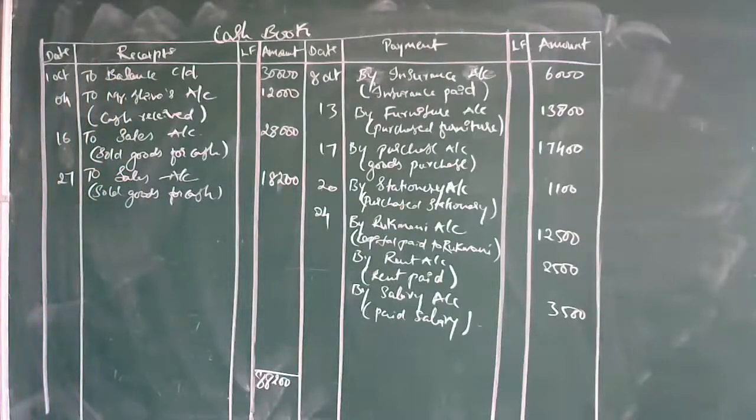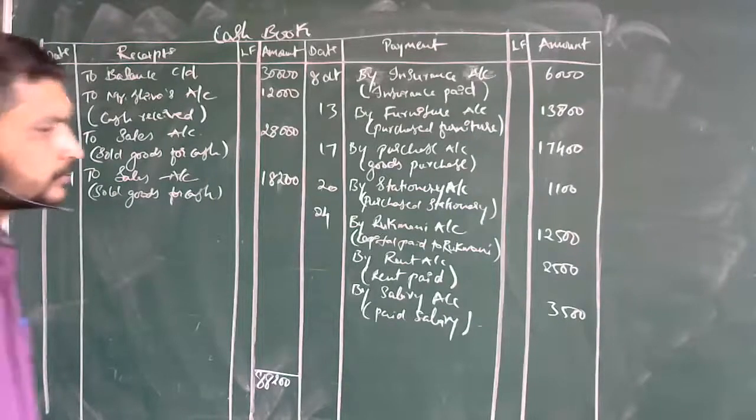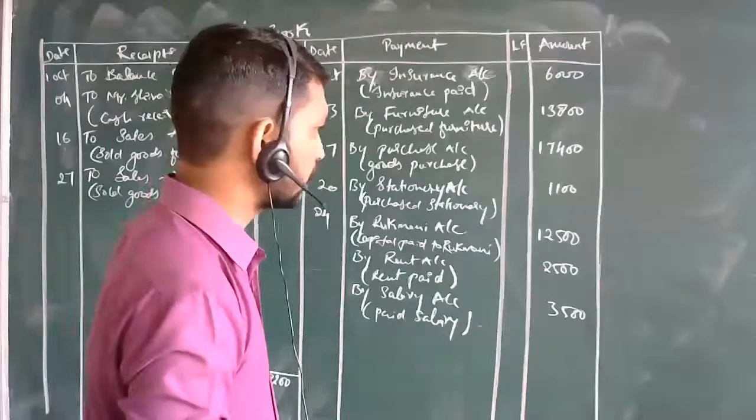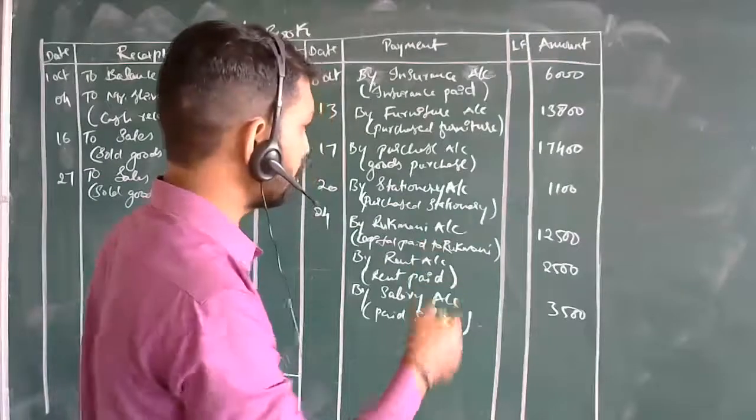Here we have less value. Less value in the sense what? How much will it be? Check it out. What will be the value over this? Are you there? Yes, sir. Tell me the values.